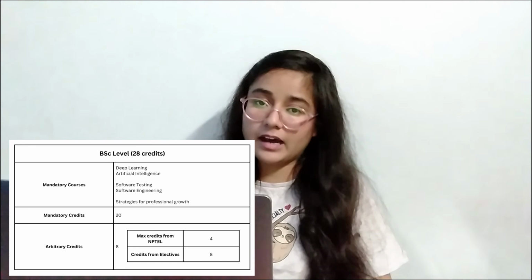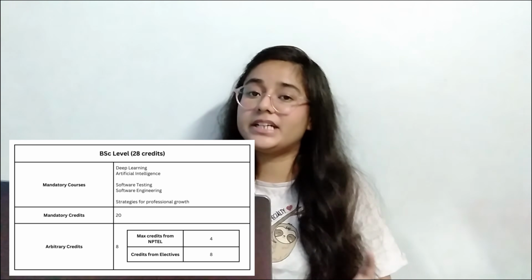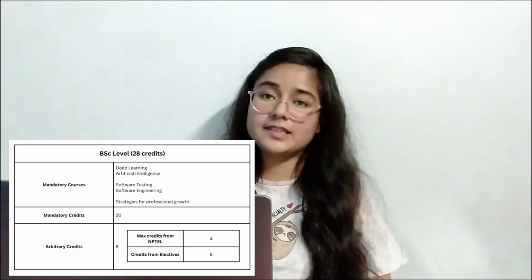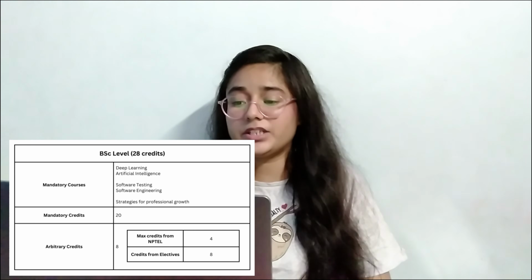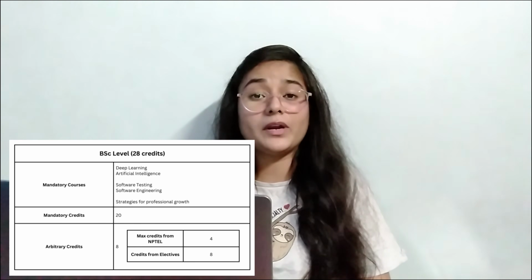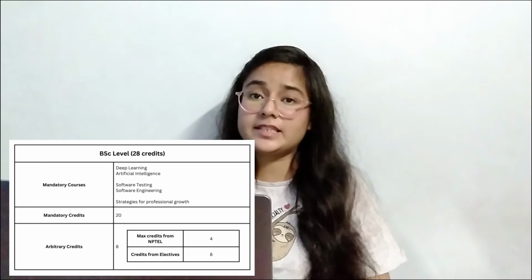The 2 core pairs are software engineering and software testing, and deep learning and artificial intelligence. And the single mandatory course is strategies for professional growth. So that's how these 5 make up for the 20 mandatory credits for your BSc level.